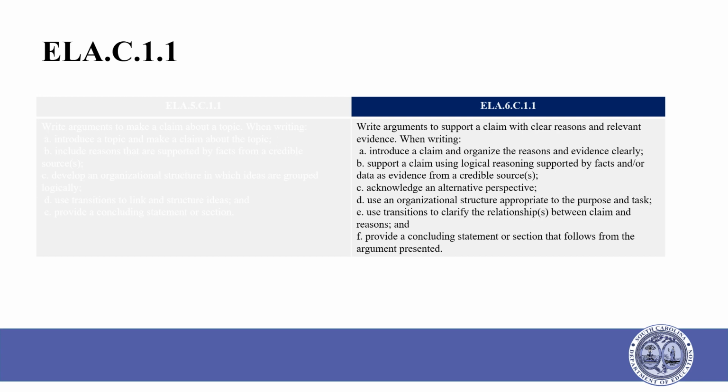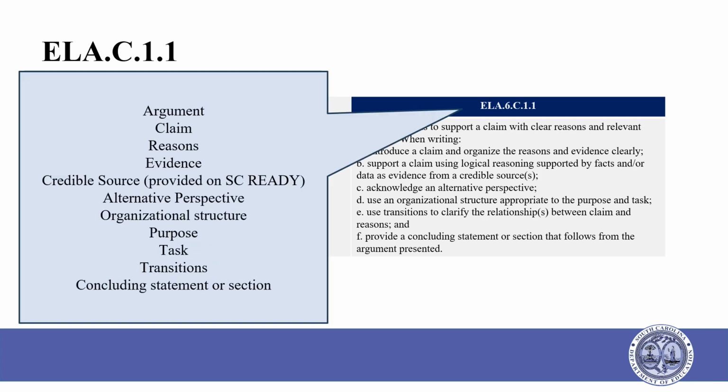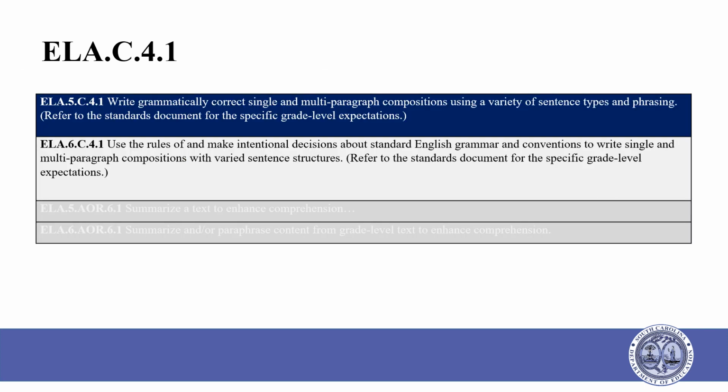As you look at the 6th grade argumentative writing indicator on the top right of the template, circle or highlight the following academic language: argument, claim, reasons, evidence, credible source, alternative perspective, organizational structure, purpose, task, transitions, concluding statement, or section.